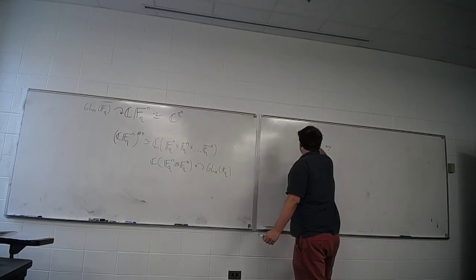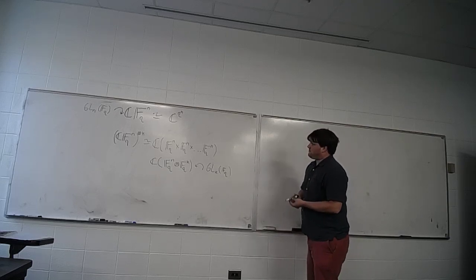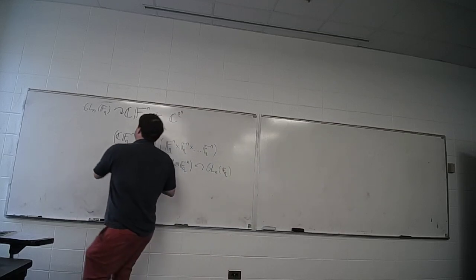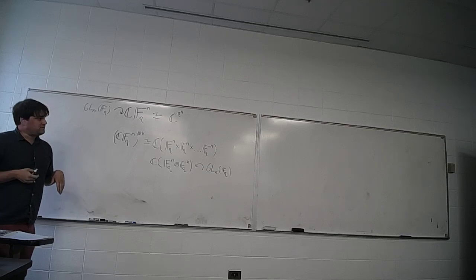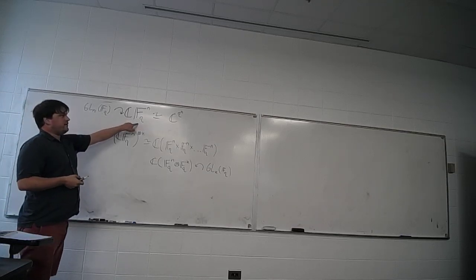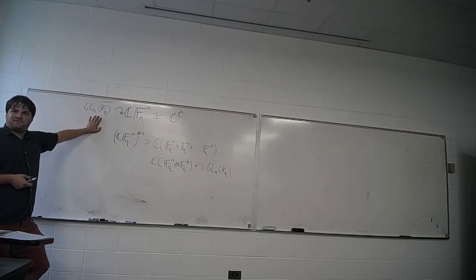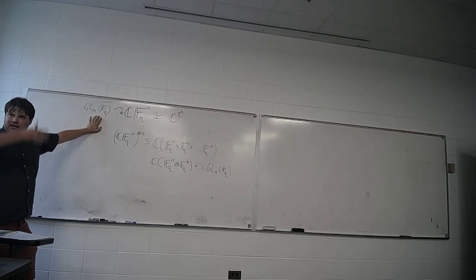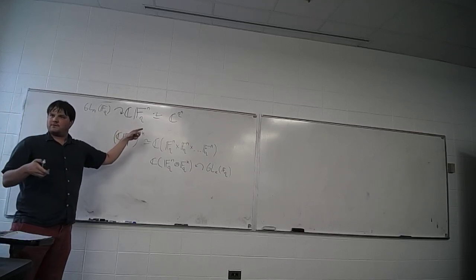And the claim is that, so GL_n is acting on F_q^n by normal matrix multiplication. Same thing with GL_k. But actually something a little bit bigger acts on this. Here I'm taking invertible n by n matrices acting on an n-dimensional vector, but I actually could take all n by n matrices, and this action still makes sense.